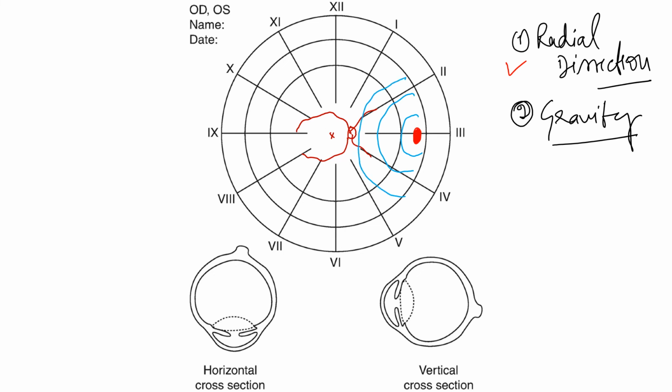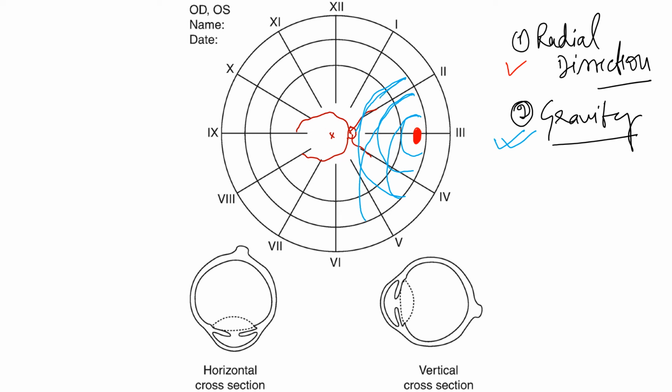But keeping in mind that we also have gravity playing around, if we predict the effect of gravity, we can understand that the progression would be faster along the side which is aided by gravity. One thing to note here is that at the disc you cannot have a detachment, because at the disc the retina is anchored.